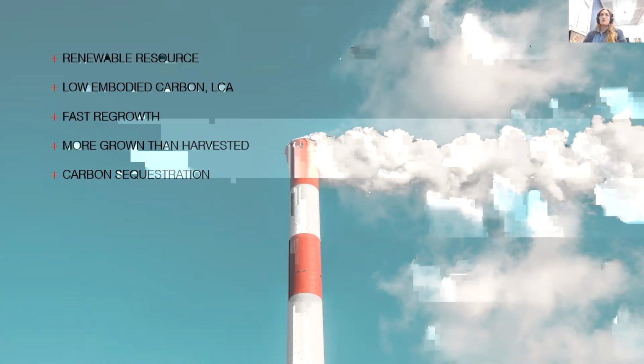It grows and we cut it down. It has low embodied carbon, which means it has less manufacturing requirements than steel or concrete. It has quick regrowth, depending on the forestry standards, but we have pretty high forestry standards here in North America, where more timber is grown than is harvested each year. And that allows for a cycle of carbon sequestration.